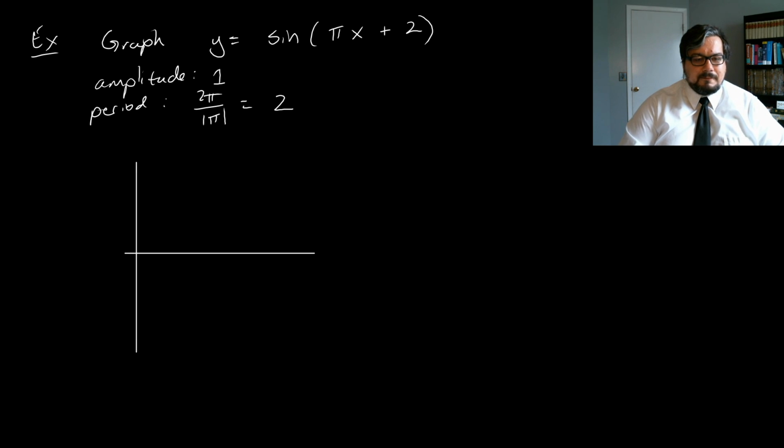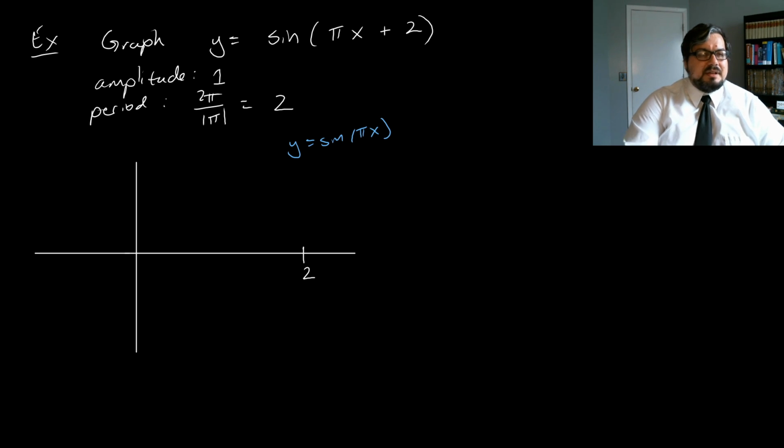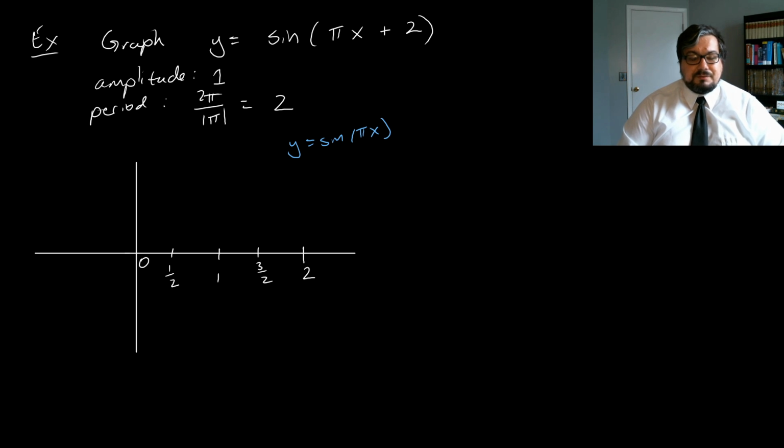If I probably should give myself some room over here. If we graph this out, the period of the function y equals sine pi x is what I'm going to graph first. And I know that it has a period of 2, so I'm going to take my normal 0 to 2 interval, divide it up in my standard way into 4 equal pieces, and then say, okay, I've got a sine function.